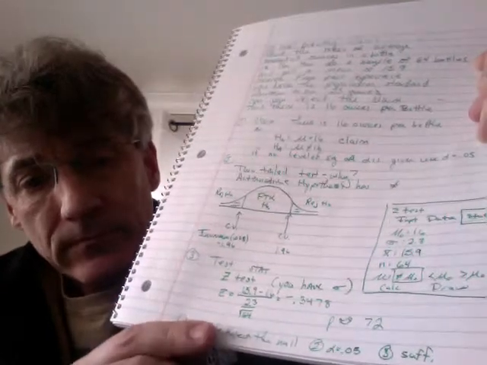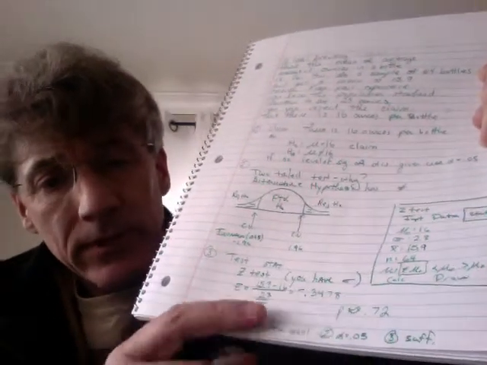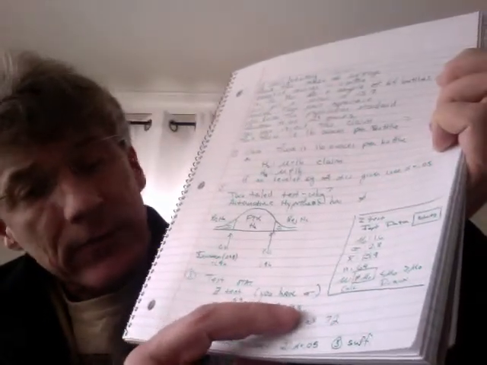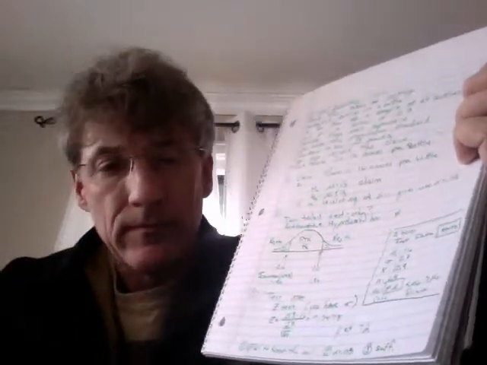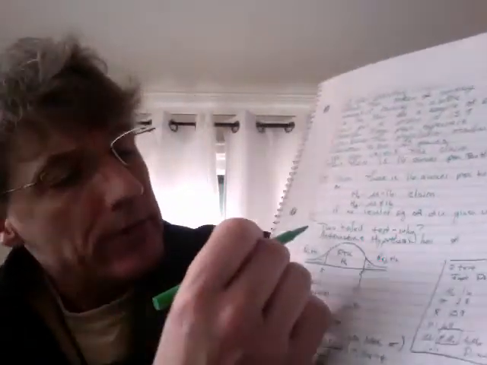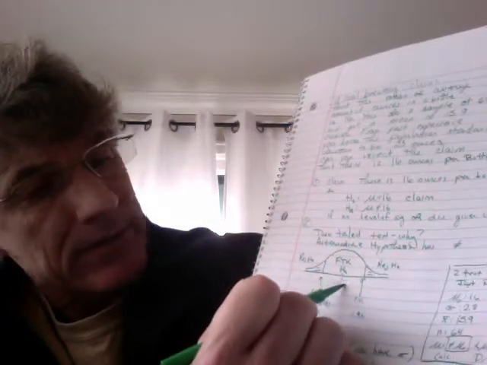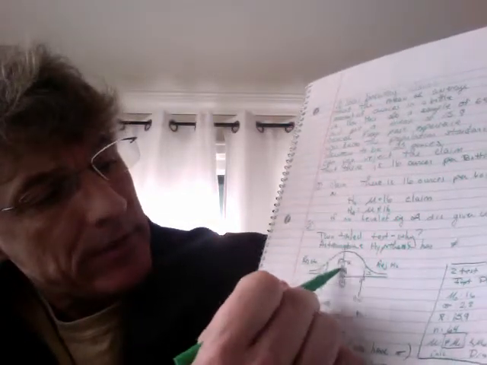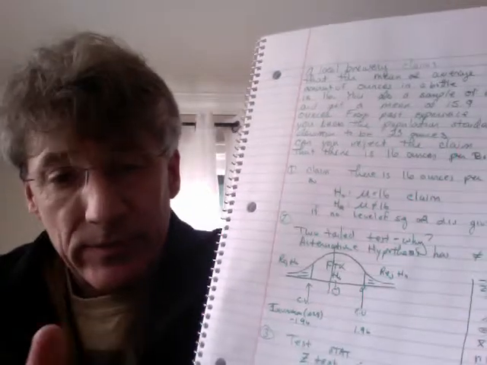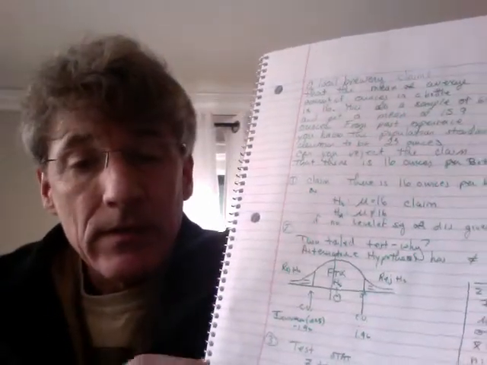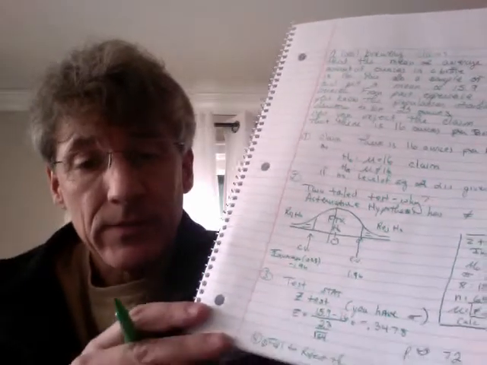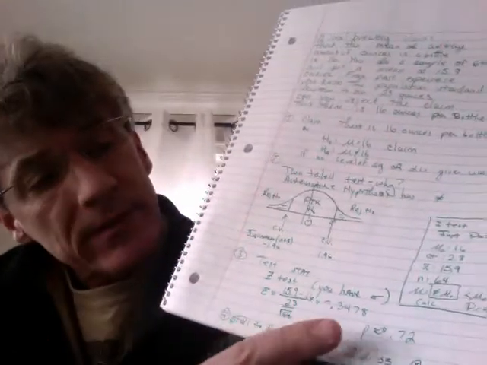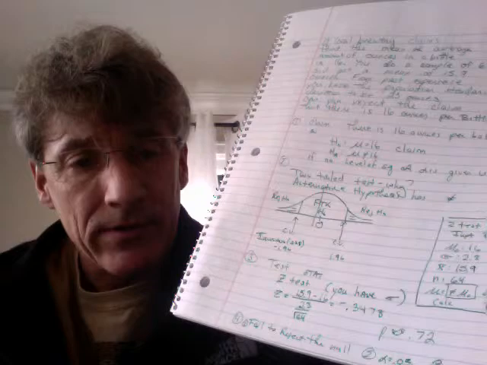Now, if you look at negative 0.3478 and you're looking at your distribution, here sits the 0. It's going to be to the left-hand side of the 0 because it's negative, and it's landing in the fail to reject region. But the other piece is that your p-value is larger than your alpha.